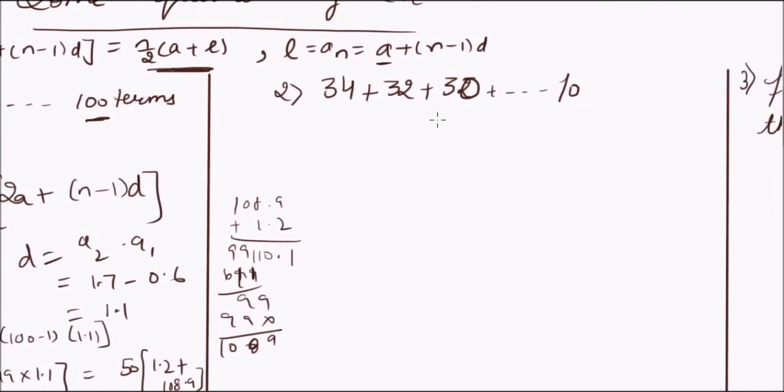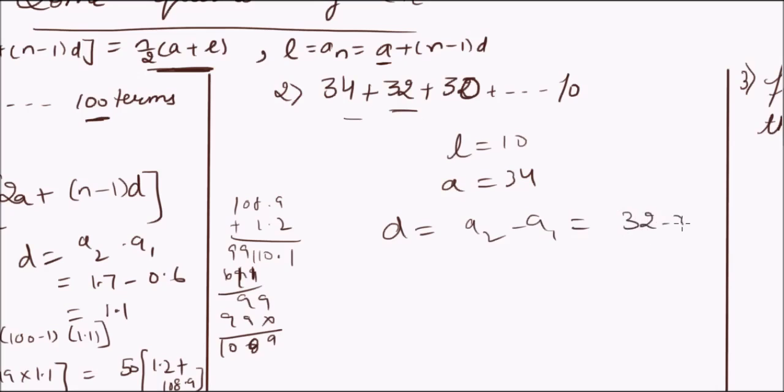The second question says sum this series. Friends, here we have the last term as 10 clearly predefined. The first term is 34, and we can also find the difference as a2 minus a1, which is 32 minus 34, which is minus 2.